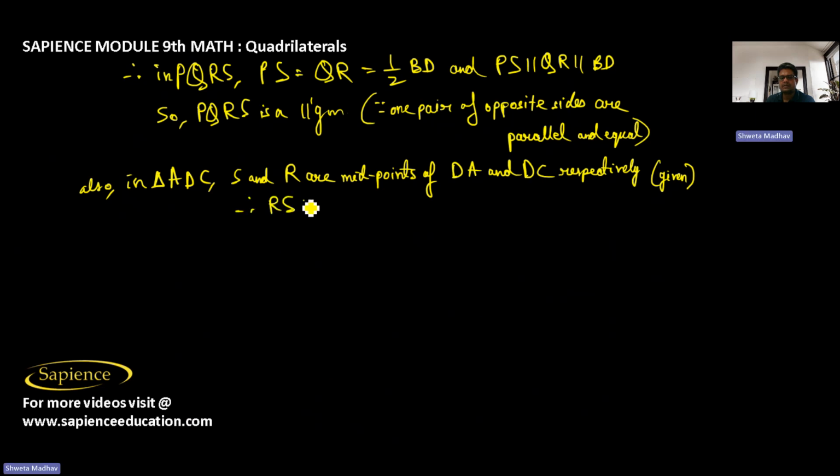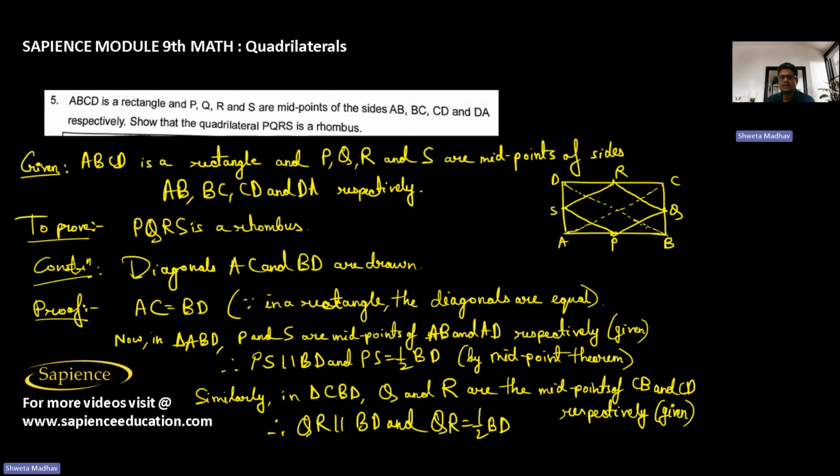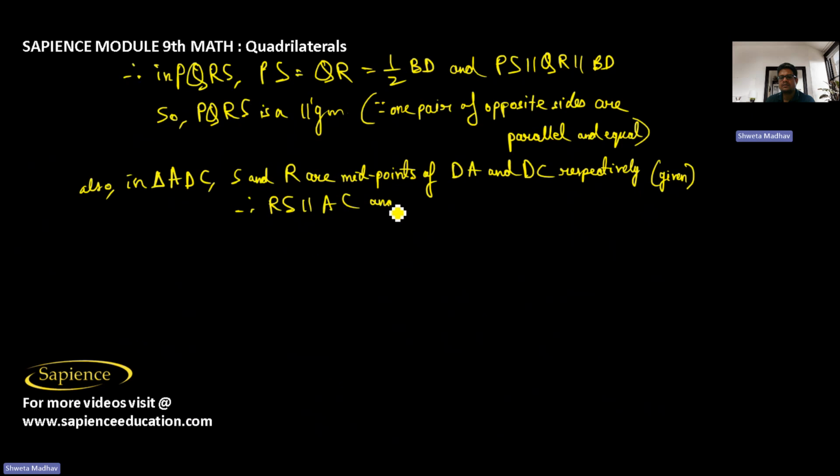Therefore I can say that RS is parallel to AC, and RS is equal to half of AC.